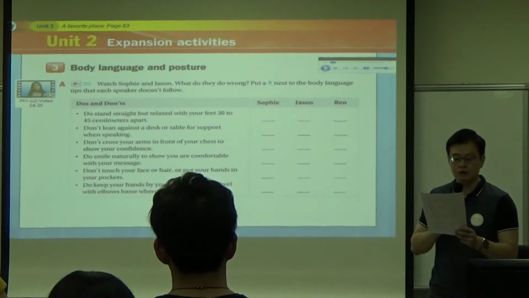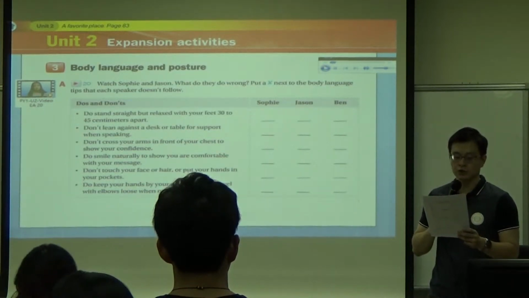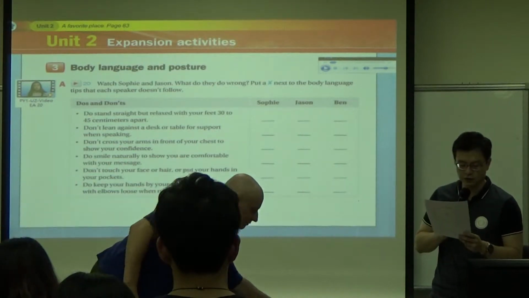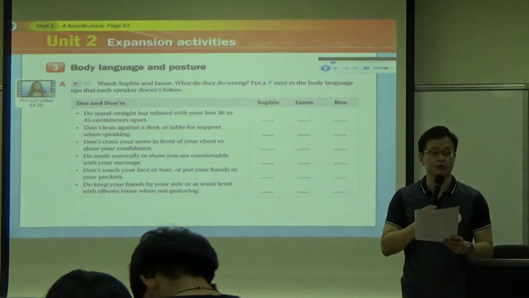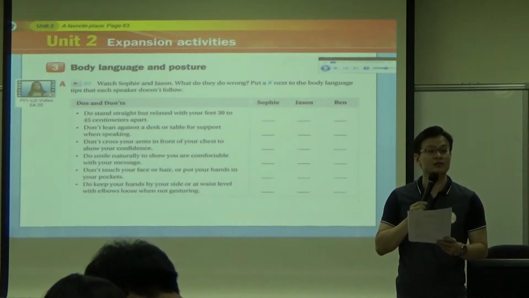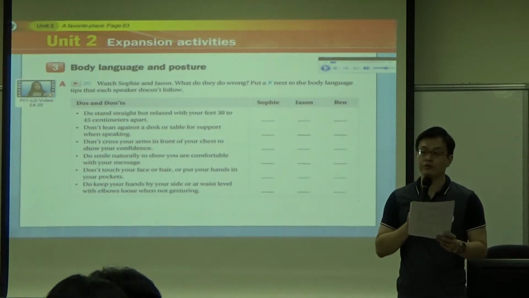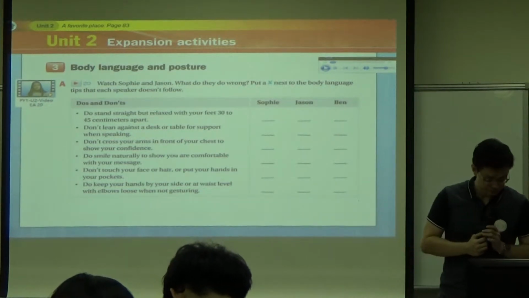I give you 20 seconds to go through all these do's and don'ts. There are six of them. And TAs, please help me explain any new vocabulary your members may have.